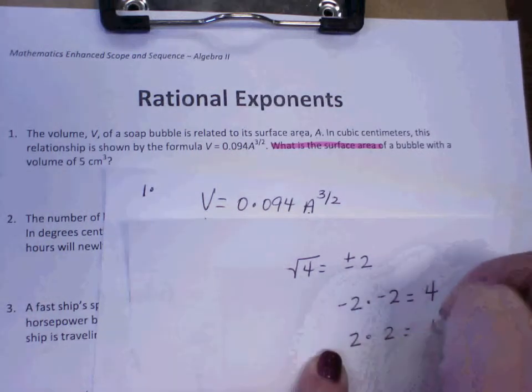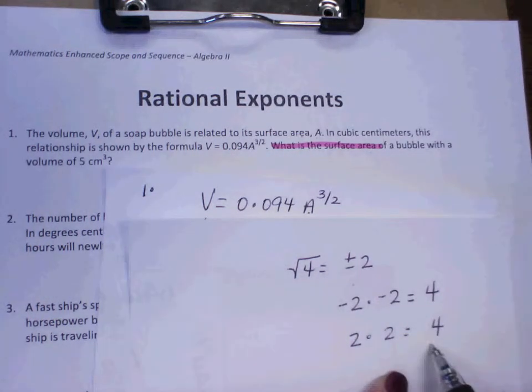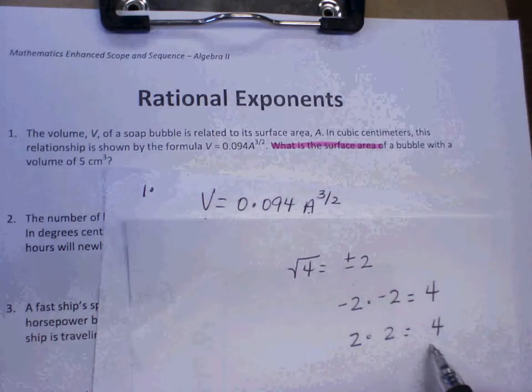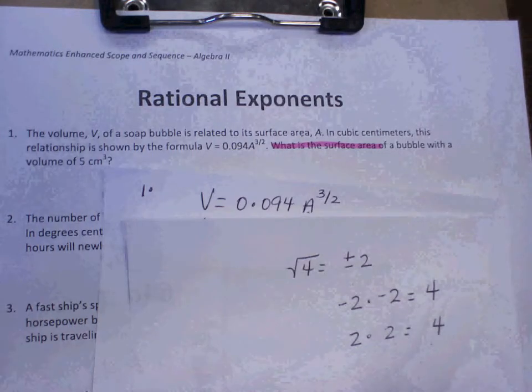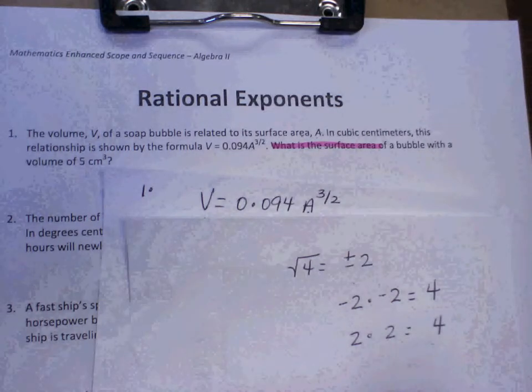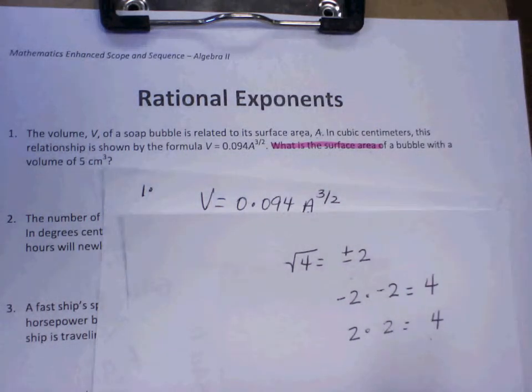If I say negative 2 times negative 2, what would that be? 4. And positive 2 times positive 2 is still 4, correct? So square roots are always plus and minus. Be careful when you're doing square roots and you go into the equation solver.